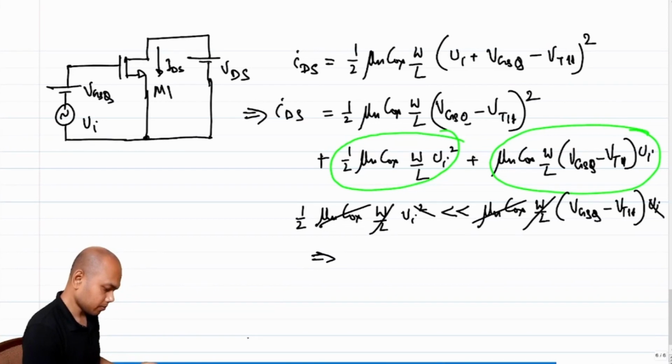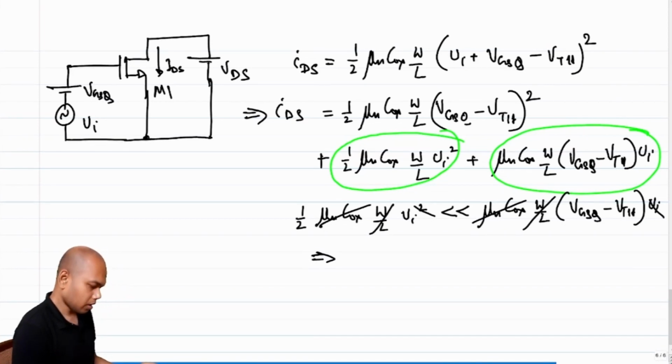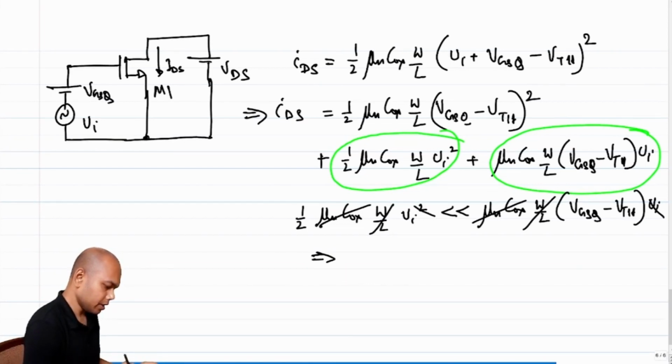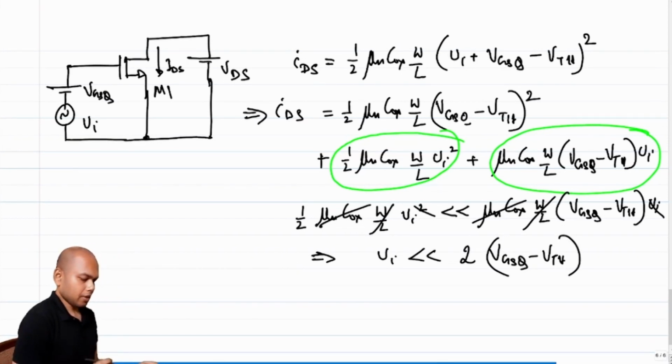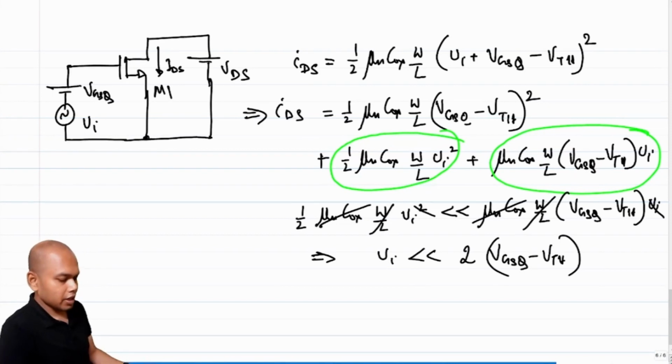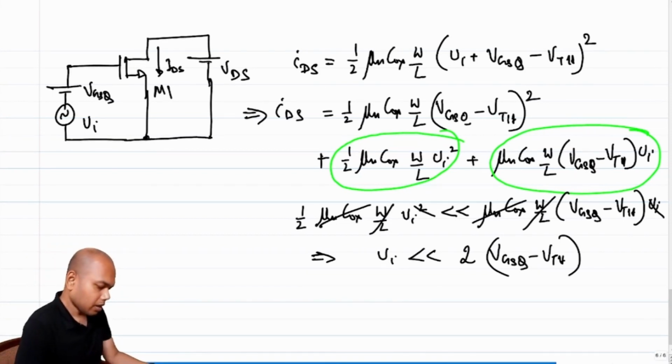So essentially we are assuming that Vi should be much less than twice of VGSQ minus the threshold voltage, right? So as long as we can satisfy that Vi is much lesser than twice the overdrive, right? We are good, right?